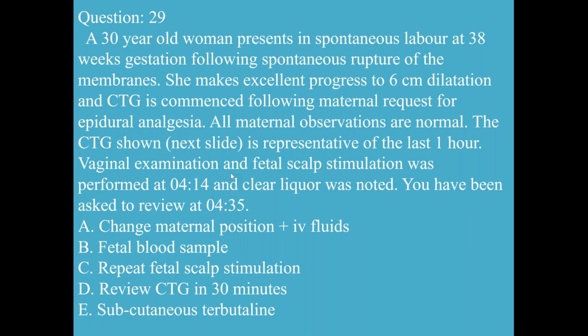Because this is still a pathological CTG after conservative measures, vaginal examination and fetal scalp stimulation, and there is still no acceleration, we need to do a fetal blood sample.